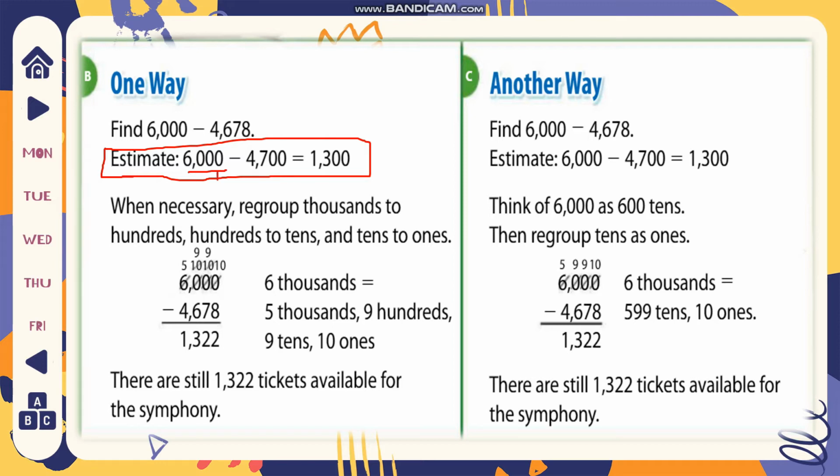So the estimated answer is 1,300. If you're going to find the exact answer, your answer must be nearest to 1,300 in order to make your answer reasonable. So when necessary, regroup thousands to hundreds, hundreds to tens, and tens to ones once you are going to subtract using the standard algorithm.